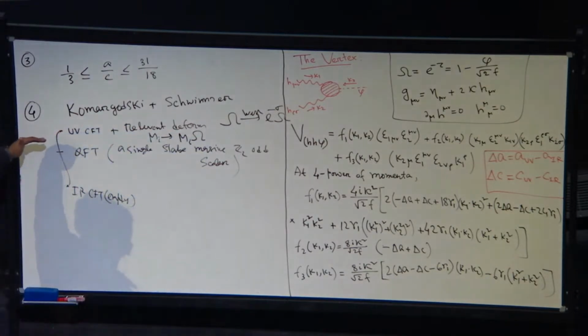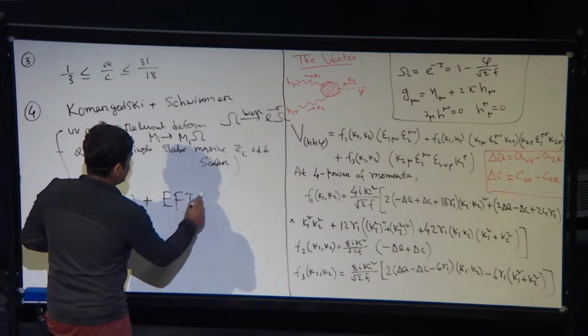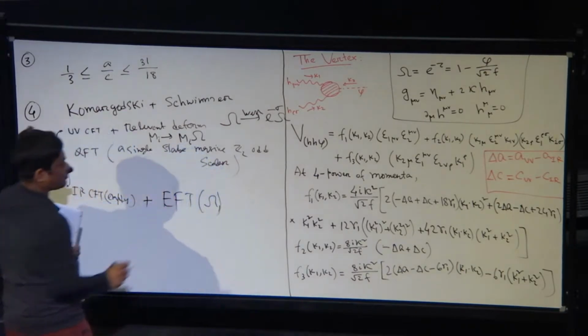And then when we do this RG flow, we integrate out all the massive degrees of freedom. In general, in the IR, we also get an EFT action for this dilaton field.